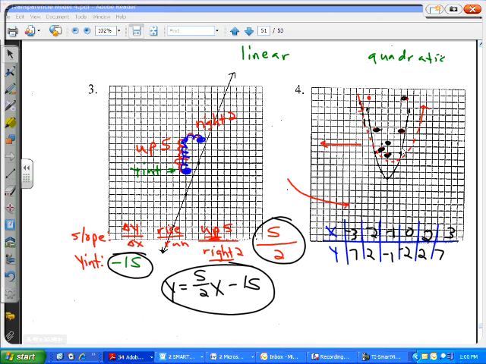I left out the point 0, negative 2... I left out the point with x negative 1. There should have been a 1, negative 1 right in there. I apologize for that. We'll sneak that in. So that gives us 7, 2, negative 1, negative 2, negative 1, 2, 7.